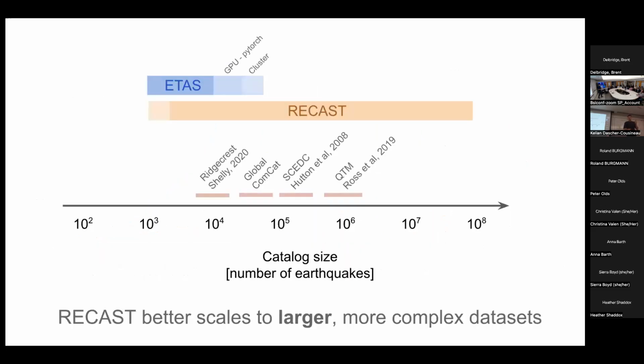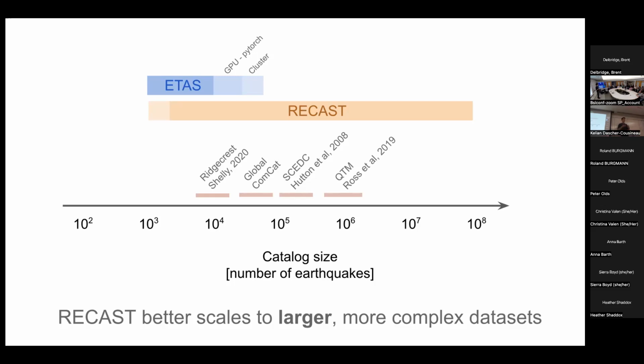And this might not seem like a huge deal, but ETAS models with fewer than, let's say, 1,000 events to train the model are typically considered to be too unstable to yield good results. However, if you increase the observations by an order of magnitude, this is computationally cumbersome and probably prohibitive for most scientists. Now, our group did put quite a bit of work into optimizing the ETAS model itself by implementing it in PyTorch and also running it on beefier computers.